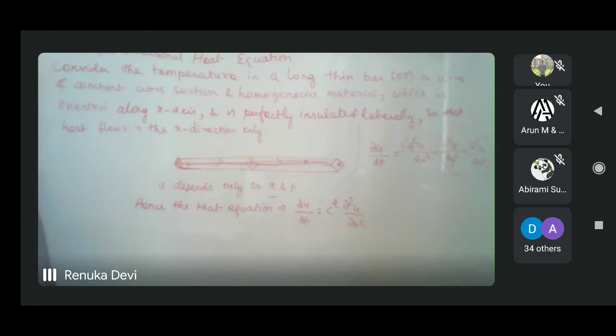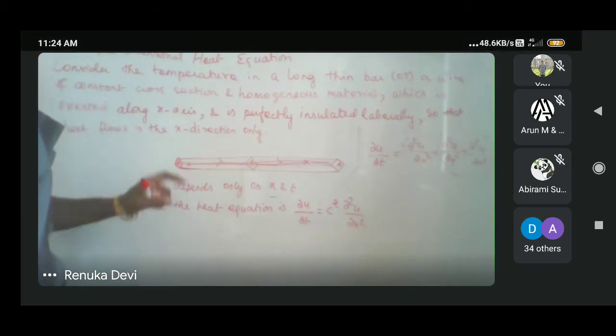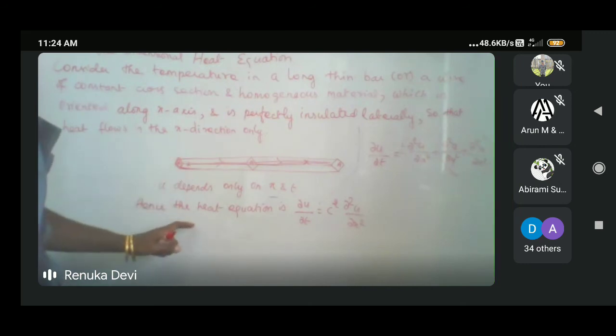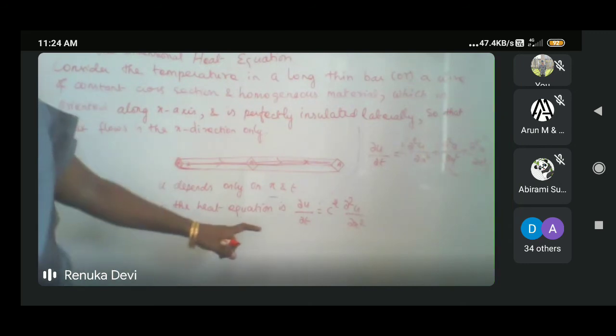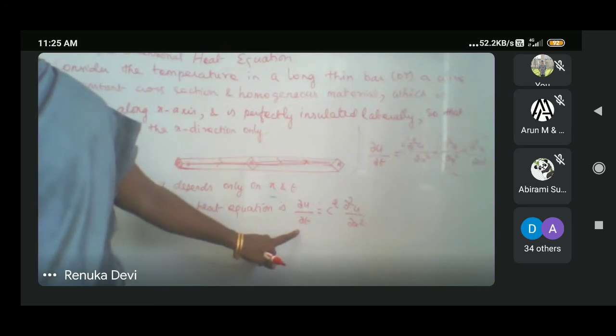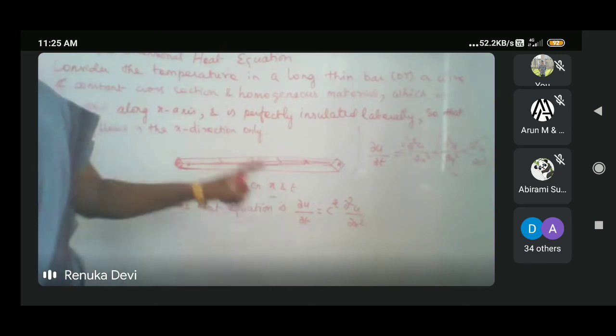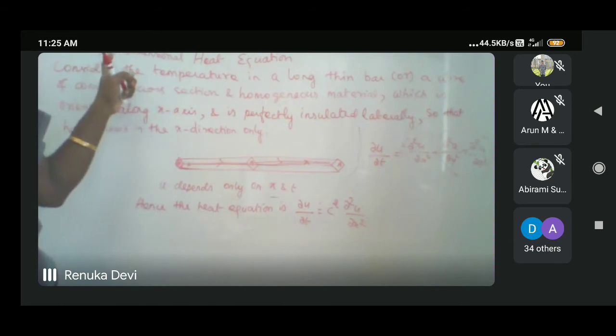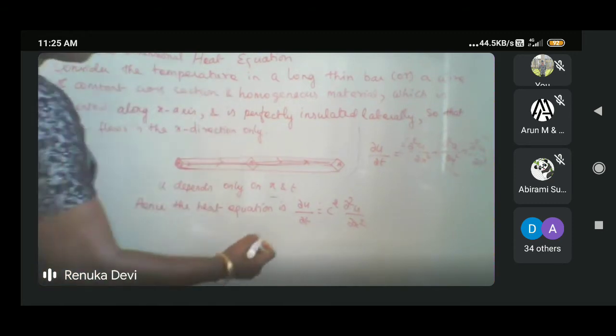In some problems, rho and sigma are explicitly given, but our aim is how to find the solution of this heat equation. This is the equation of one-dimensional motion, so we have to solve the one-dimensional heat equation.